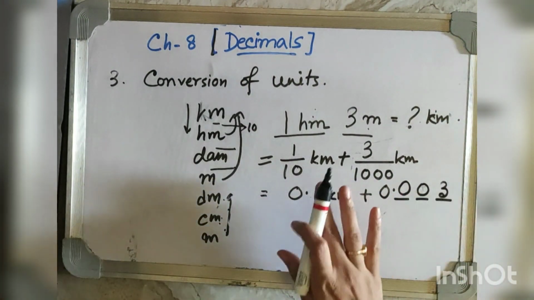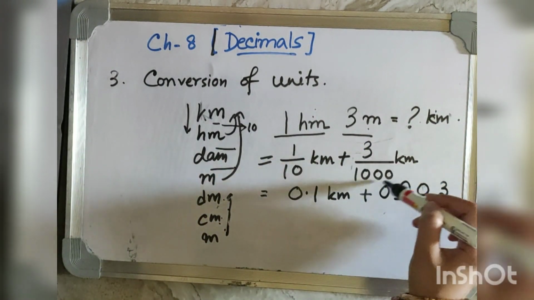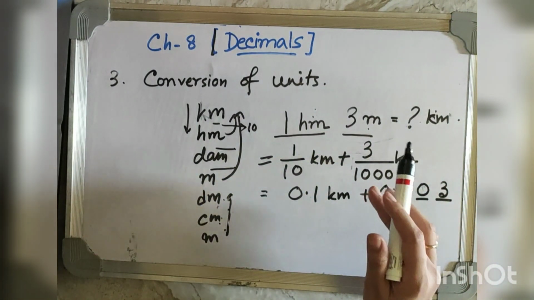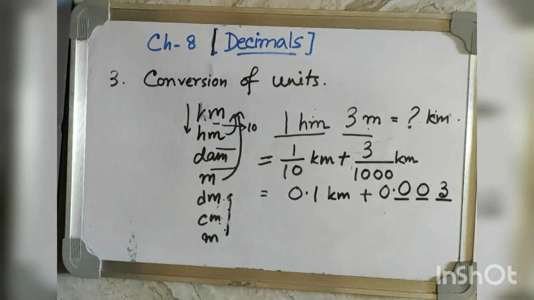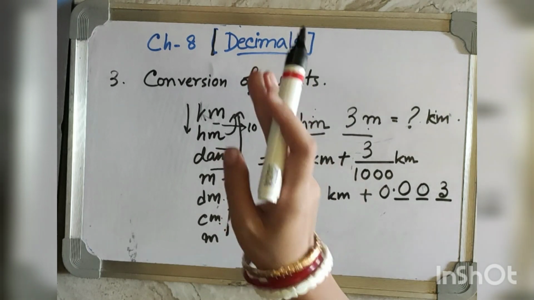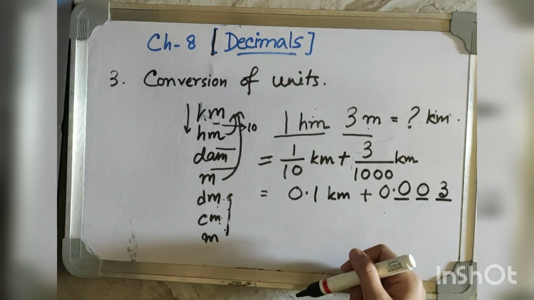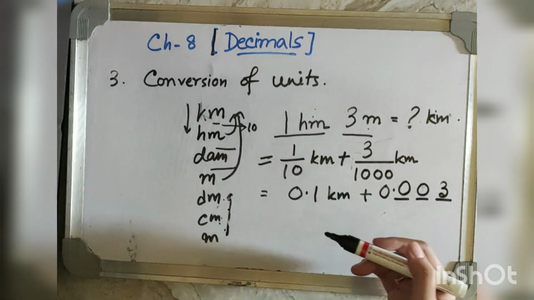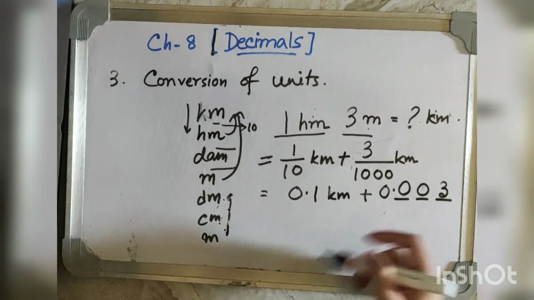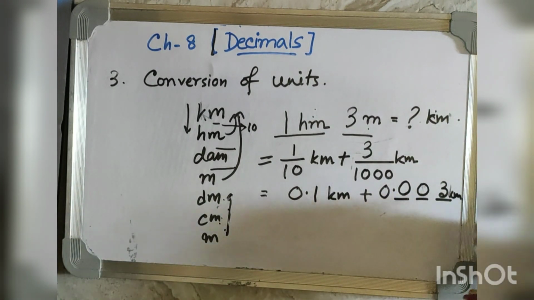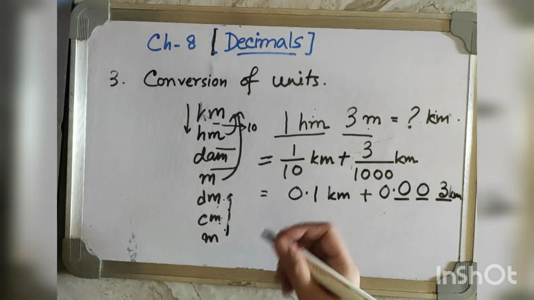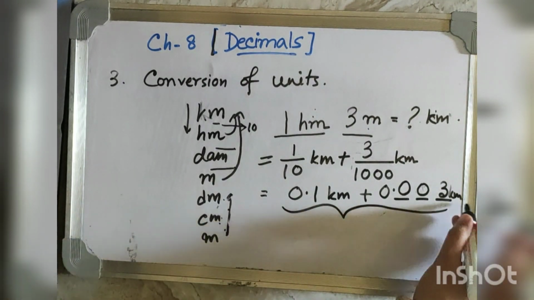So whenever you get this type of questions, you will just think about the place value table. As I have told in the last day also, that in this way you can plot a number. And here we have to add this.